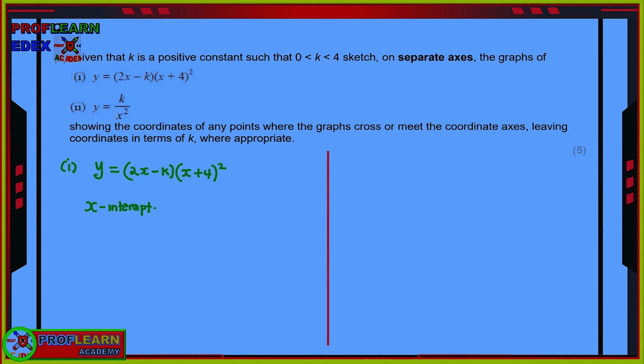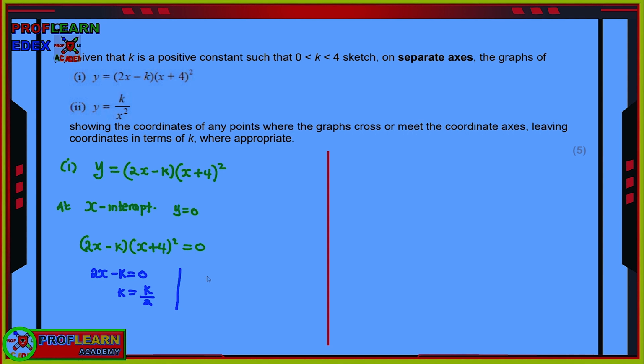So we need to know the x-intercepts. Something we need to remember: at the x-intercept, y is always equal to 0. So we can solve for x in both cases. The first bracket will be 2x - k = 0.